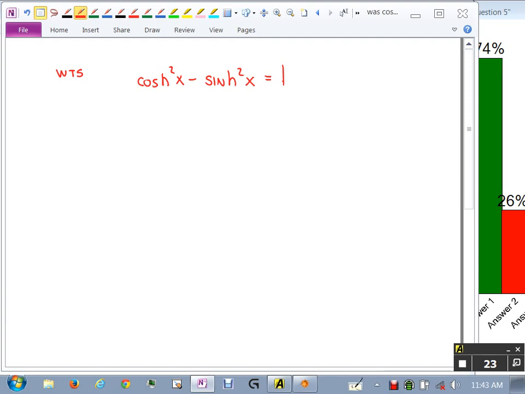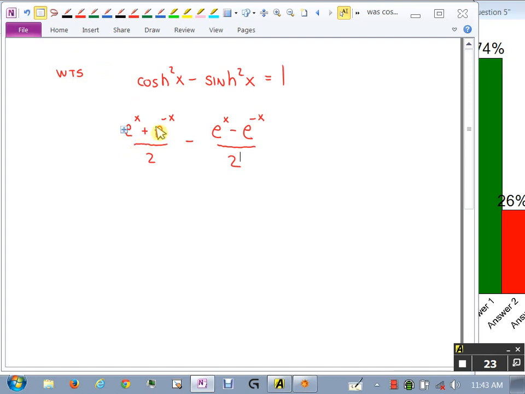The definition of cosine hyperbolic is e to the x plus e to the negative x over 2. And then I'm going to subtract from that e to the x minus e to the negative x over 2. So we are given this information, all right?